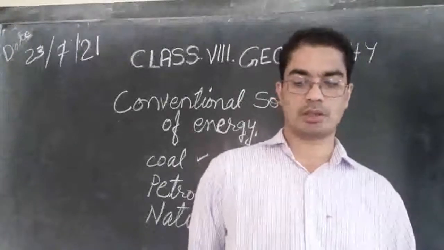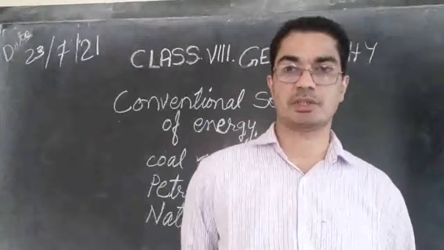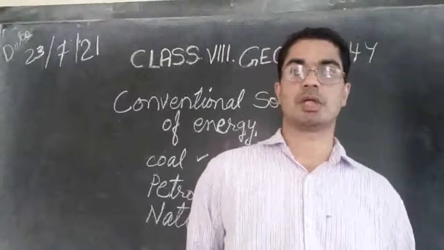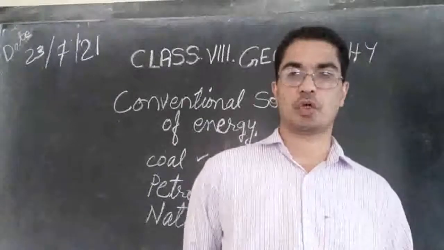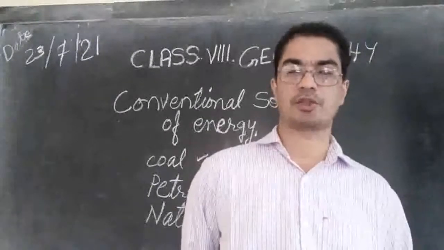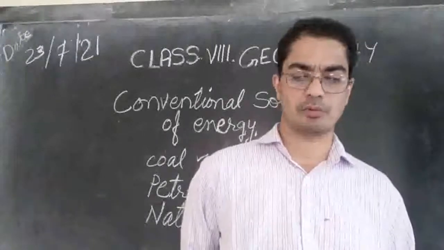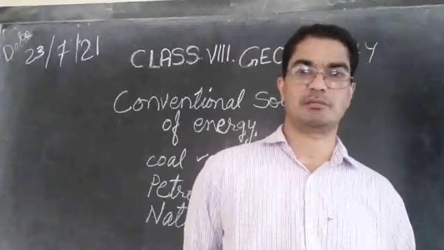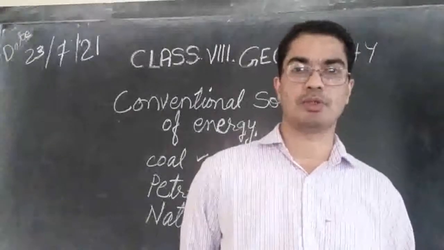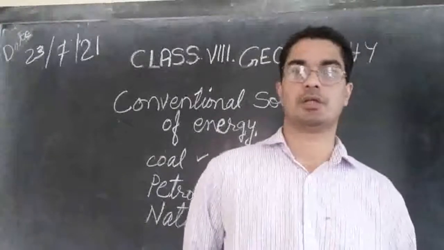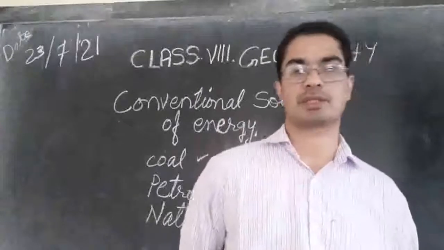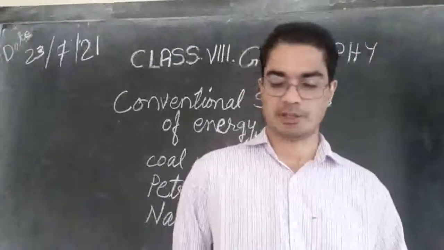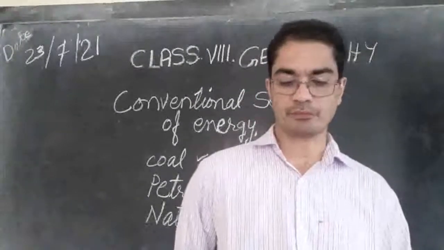So these are the places: Jaisalmer, Krishna Godavari Delta and Tripura, and some places inside the sea, under Mumbai High, where there are petroleum products. Same place we will find natural gas as well.